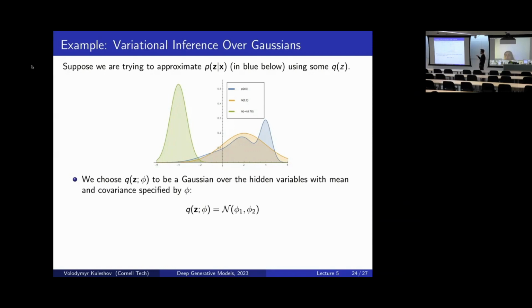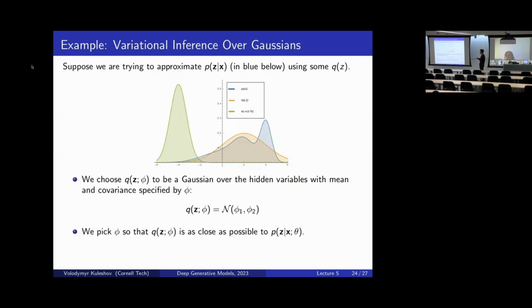How might I approximate it? Well, I would probably want to choose some family of distributions for q. Maybe I would want to choose Gaussians. So my family of Gaussians is this: a normal distribution with some mean phi 1 and variance phi 2.